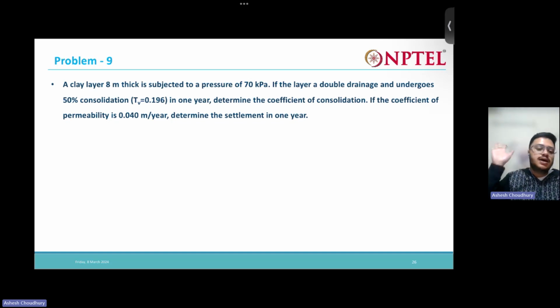Okay, double drainage condition, 50% consolidation in 1 year. Determine the coefficient of consolidation. If the coefficient of permeability is given, determine the settlement in 1 year. So we need to determine the coefficient of consolidation and also the settlement in 1 year.